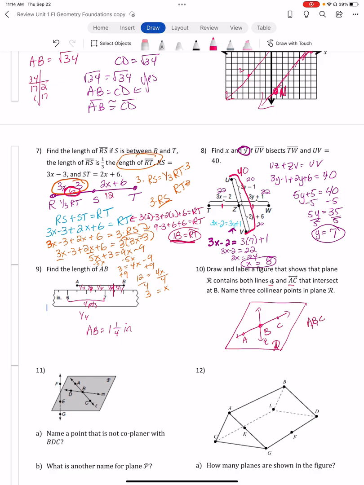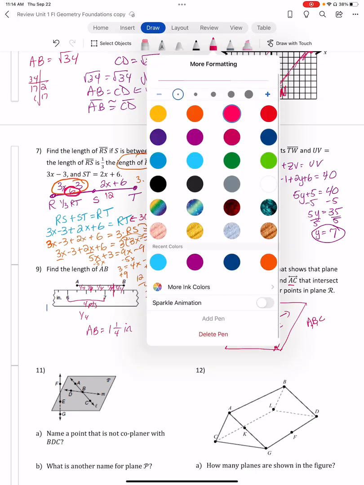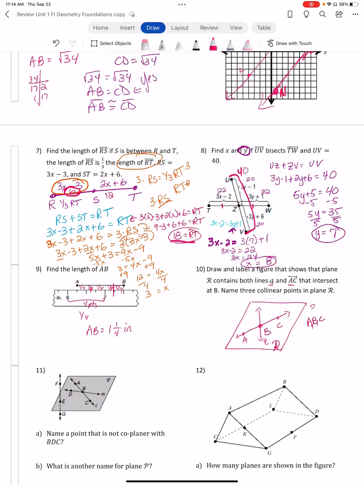A, B, C would be your 3 collinear points, because they're on the same line.